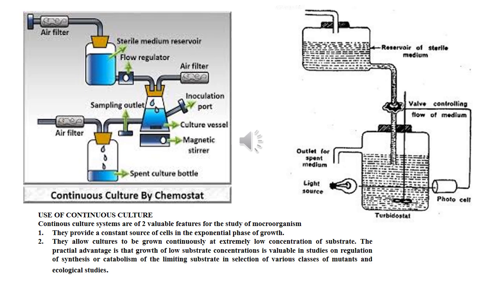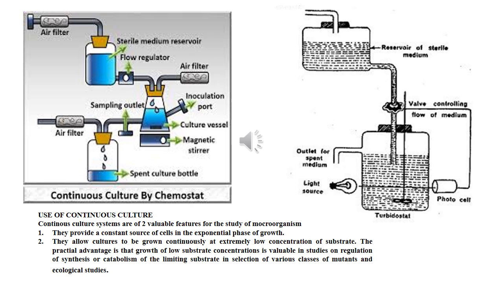When you look at the diagram of the continuous culture system displayed, the chemostat and the turbidostat, let's start with the chemostat. You will see where the sterile medium reservoir is placed, and there is a flow regulator that regulates the amount of fresh medium that gets into the culture vessel.